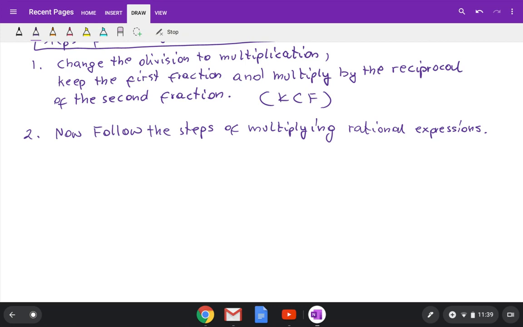Which means, let's review them. Factor both numerators and denominators.